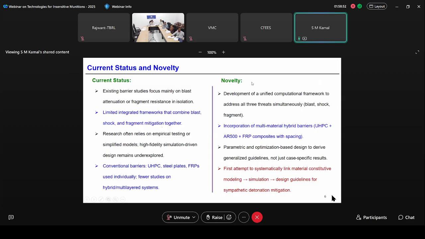So our novelty lies in developing a unified computational framework to address all such threats simultaneously, incorporating multi-material hybrid barriers with space layers for enhancing attenuation, and using parametric and optimization based design for generating guidelines for future use. All this makes our proposal a first attempt to systematically link material constitutive modeling to simulation, and then to design guidelines for sympathetic detonation mitigation.